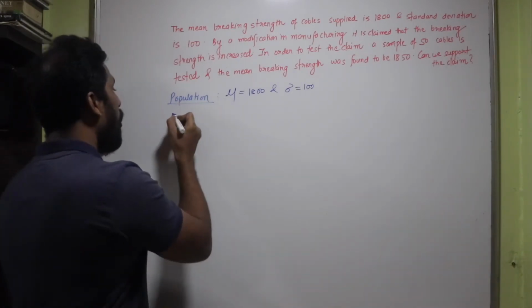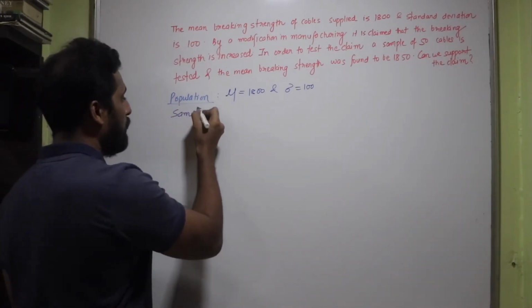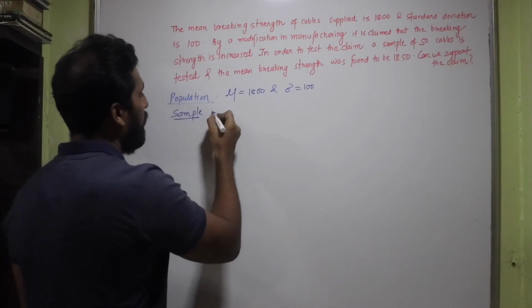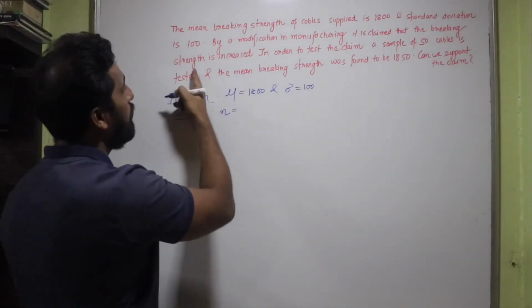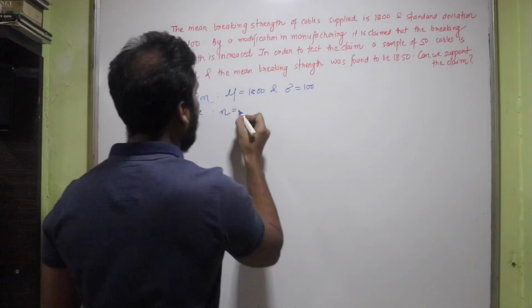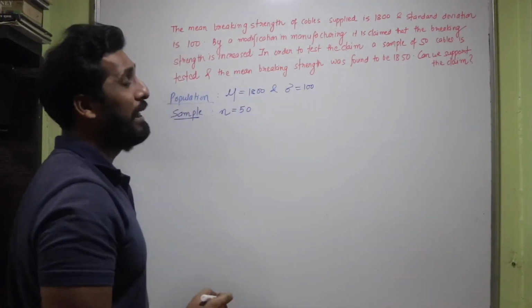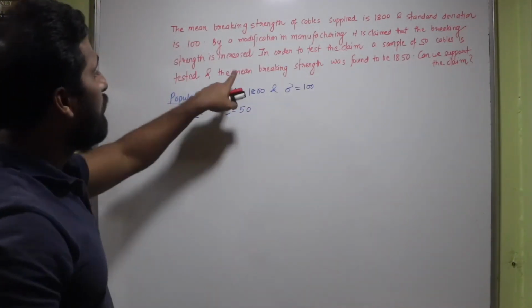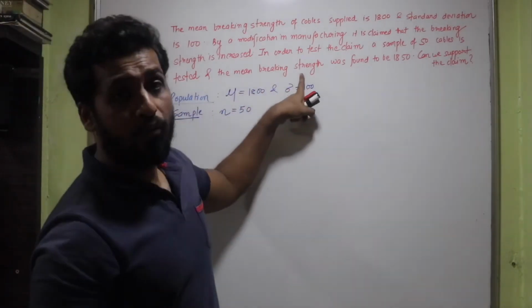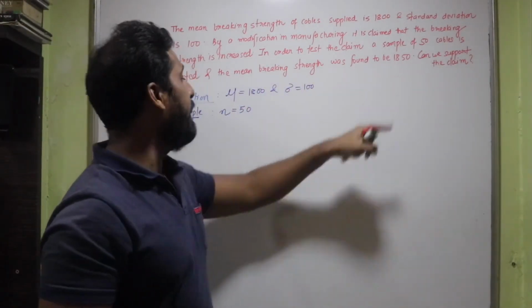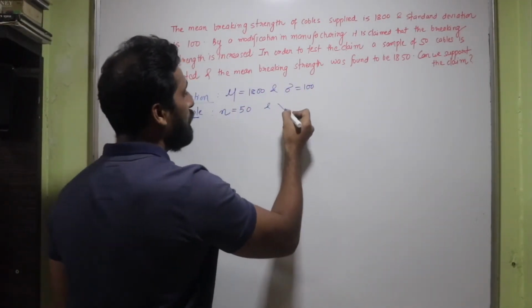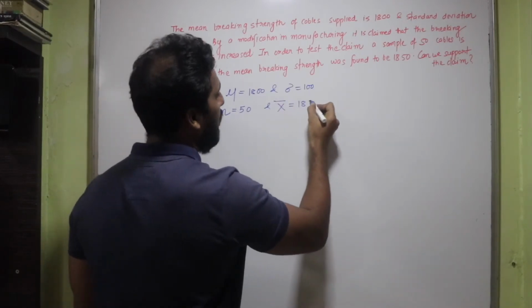Further, for the sample, what is told to us? The size of the sample, n, is given to us as 50. So n is 50, isn't it? And the mean breaking strength of the sample was found to be 1850. So x bar is given to us as 1850.